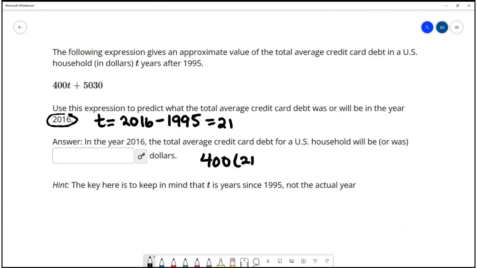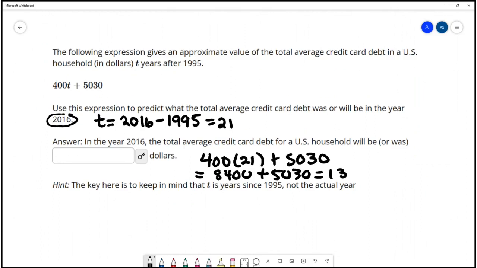And we'll plug 21 into the expression. We have 400 times 21 plus 5030. So 400 times 21 is 8,400 plus 5,030.